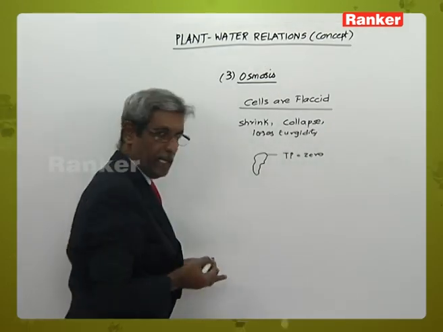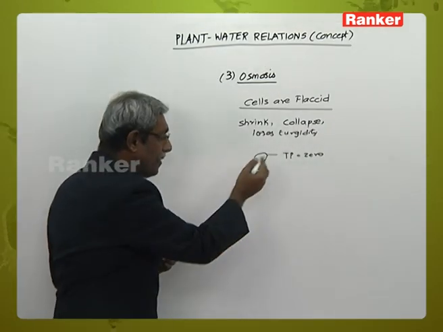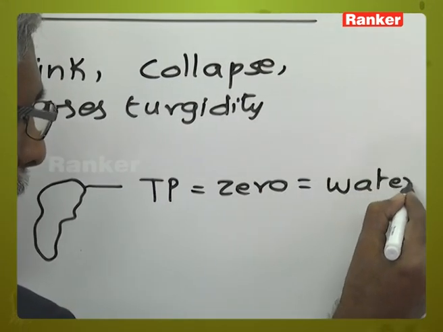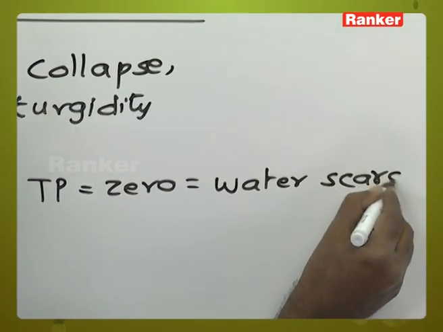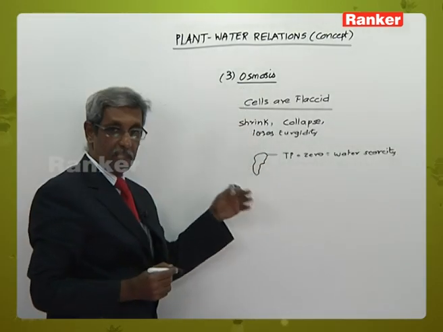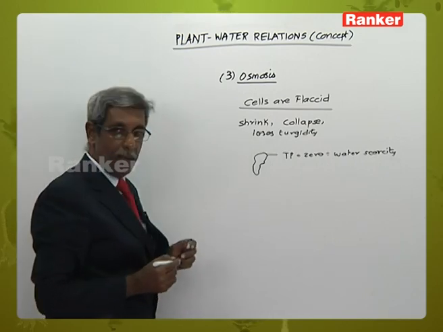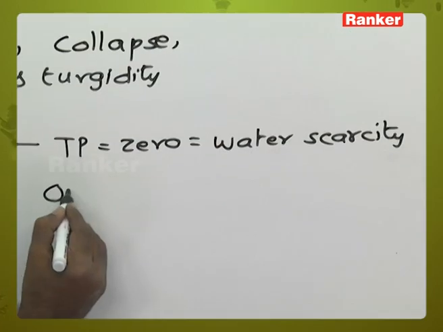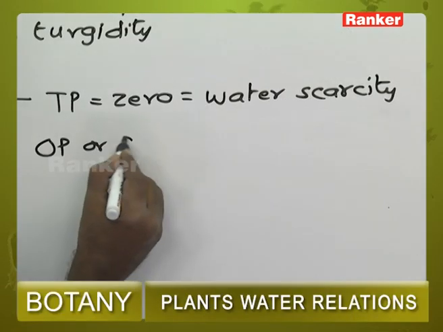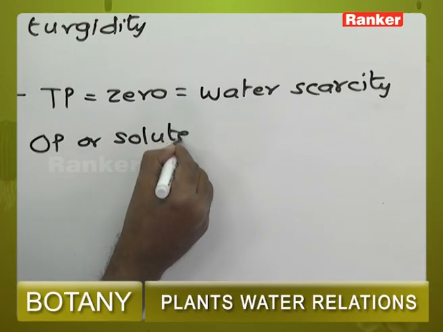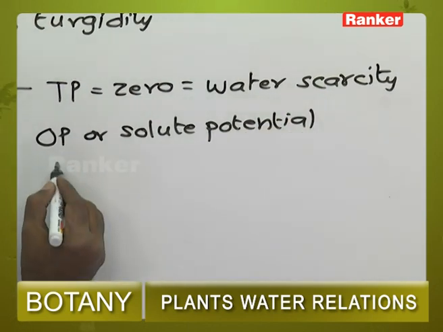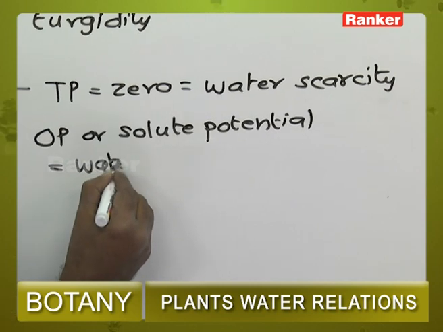It does not have turgidity. And turgor pressure is 0, especially when there is water scarcity, when you take desert plants or when plants are under stress. So thereby the osmotic pressure or solute potential is equal to the water potential.